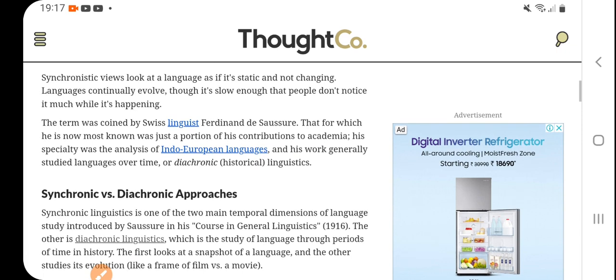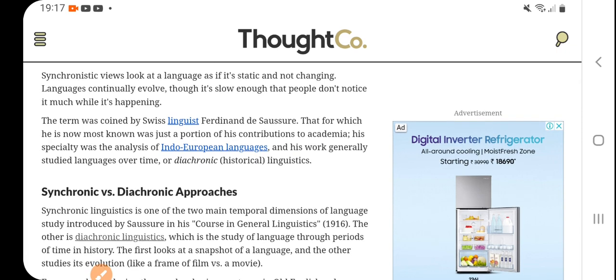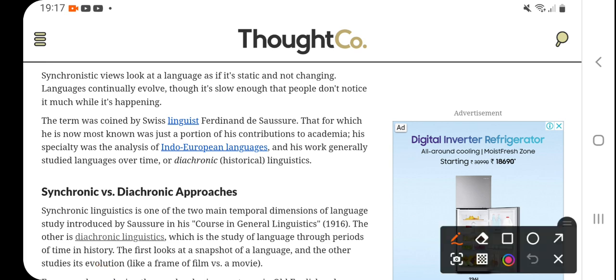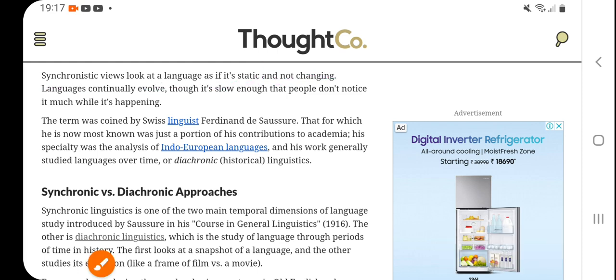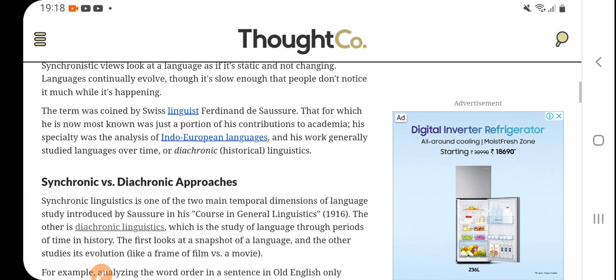Synchronic views look at a language as static, not changing. So synchronic means one particular time. They just view that language as if it is static, meaning a fixed language that is not changing. However, language is still changing, but for synchronic study, we suppose that language is frozen or fixed, right?